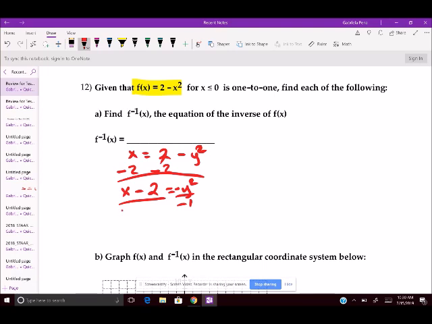So this becomes a positive y squared equals negative x plus 2. And then take the square root of this and the square root of this. So y equals the square root of negative x plus 2.